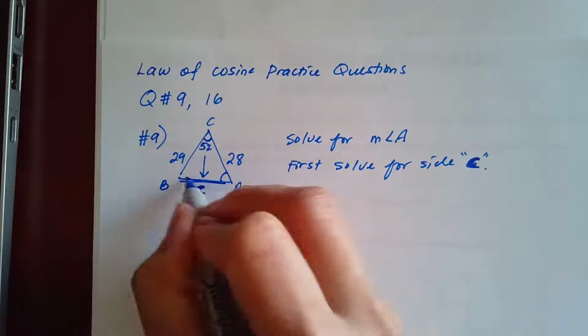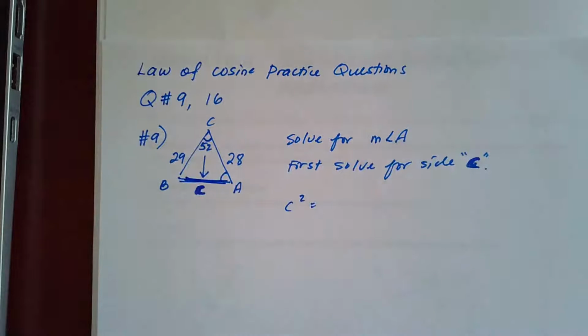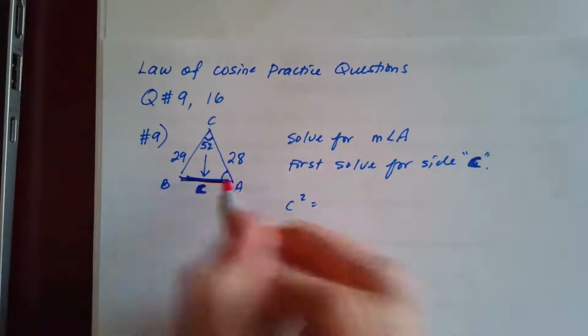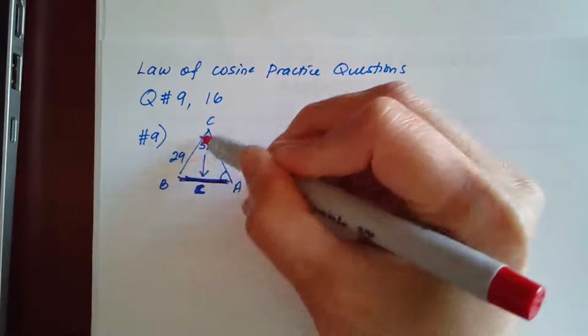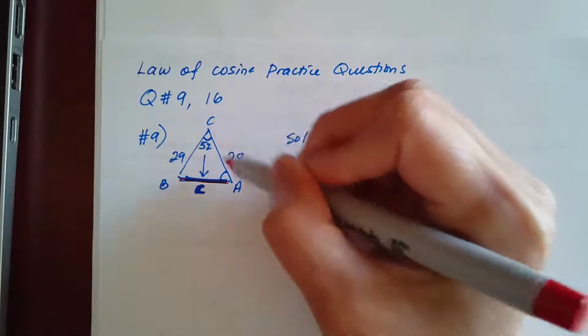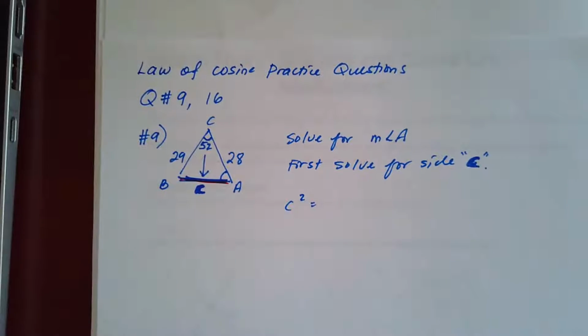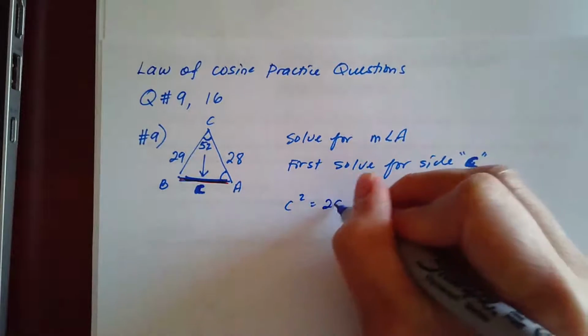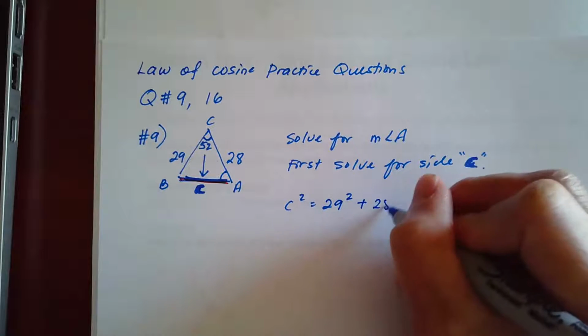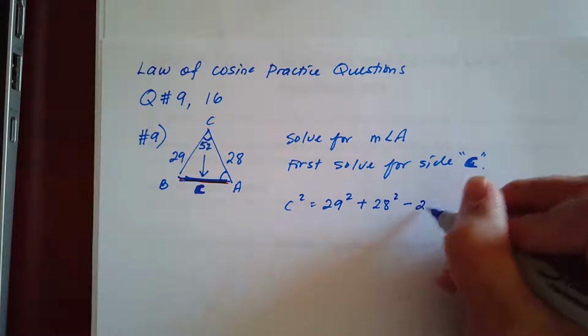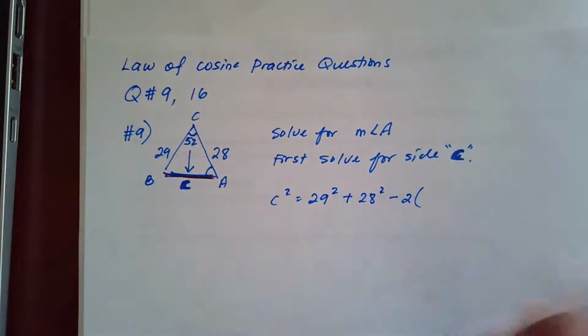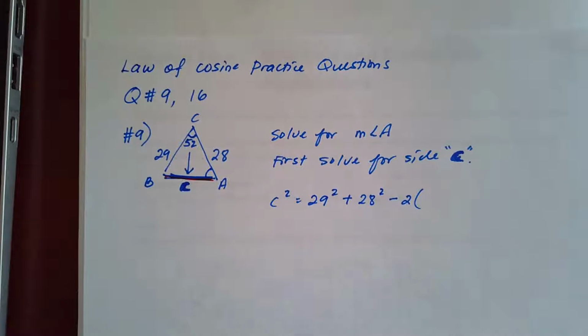This information in here, I'm just going to use a different color pen. To solve for side C, we have these two sides. So we're going to write down the two sides, which is 29 squared plus 28 squared minus 2 times. Okay, so we follow the formula in here.